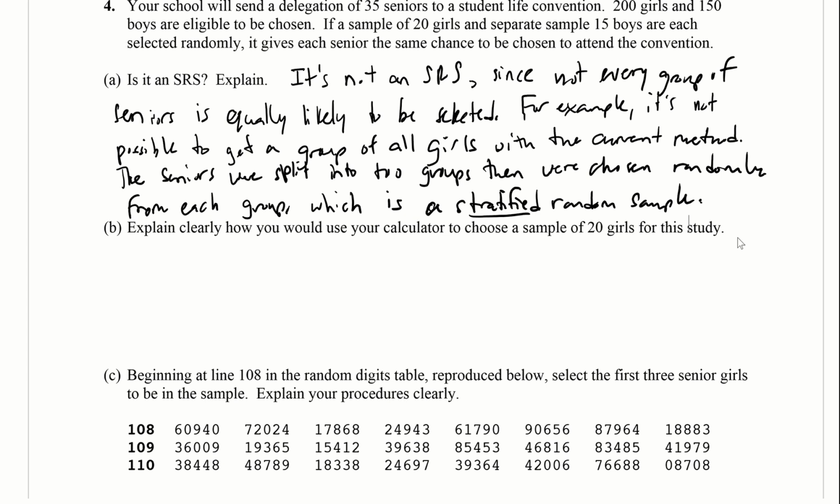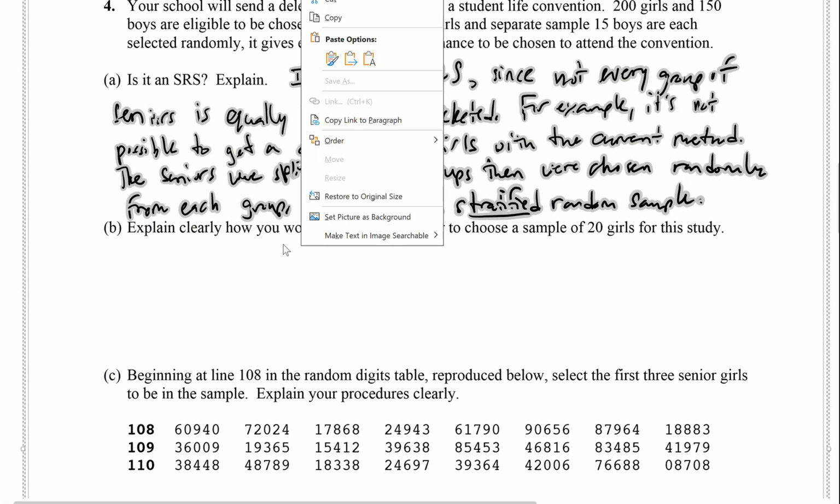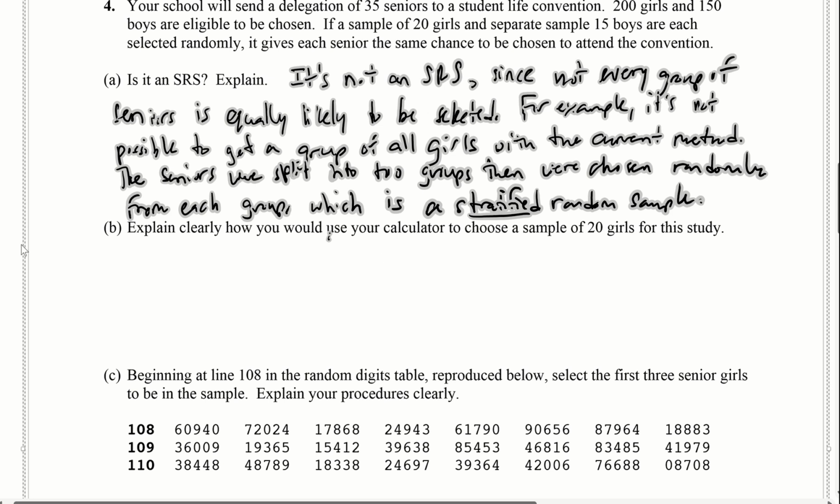However, in order for you to get credit for this question, you don't necessarily have to use a calculator command. You can say how you would use technology, right, to choose a sample of 20 girls, like technology in general, right? Like how would you use a random number generator to choose a sample of 20 girls? So you don't have to be specific here. However, I will be specific in this question, so that way you know how to actually answer the question that they're asking.